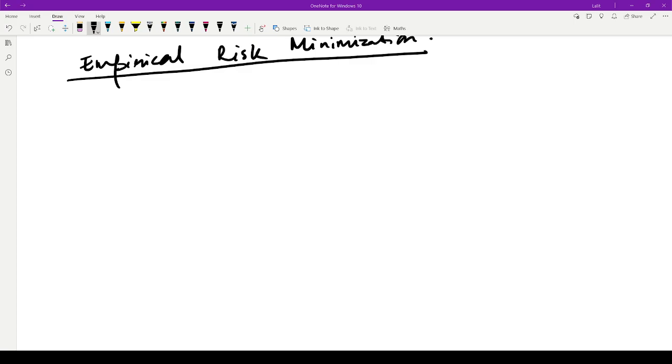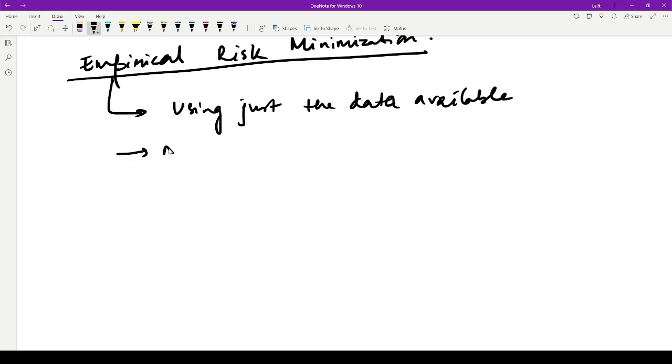So here, empirical means using just the data available, with no idea about the underlying distribution of the data. Of course, we make assumptions, but that doesn't mean that we know what the underlying distribution is.